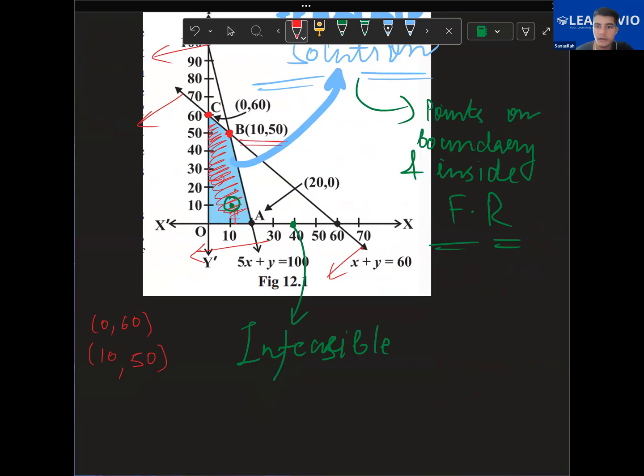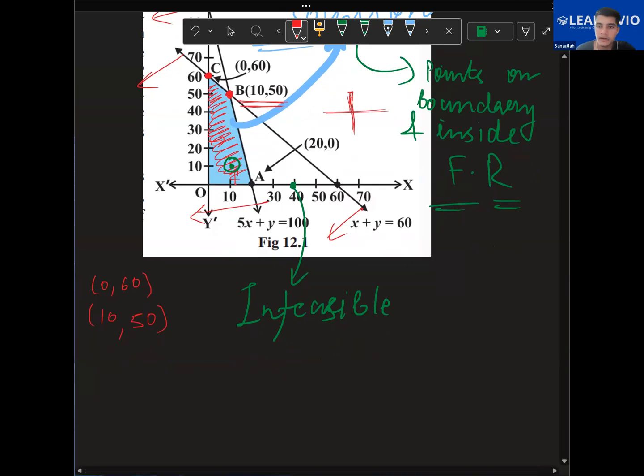But if you are making this on एग्जाम शीट, तो उस केस में आप कैसे सॉल्व करोगे? You can use any method, graph, elimination and substitution, किसी भी मेथड यूज करके आप ये इंटरसेक्शन की वैल्यू फाइंड कर सकते हो. And the last one is this A point, that is 20,0.